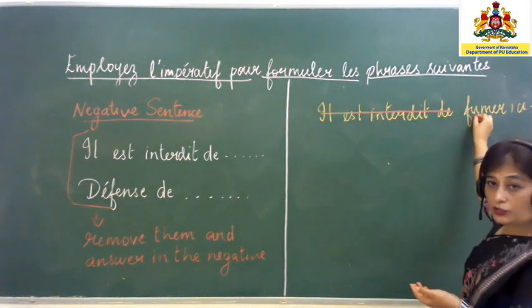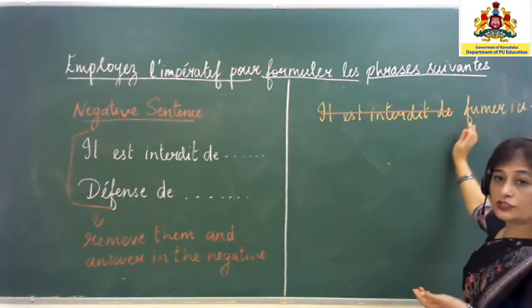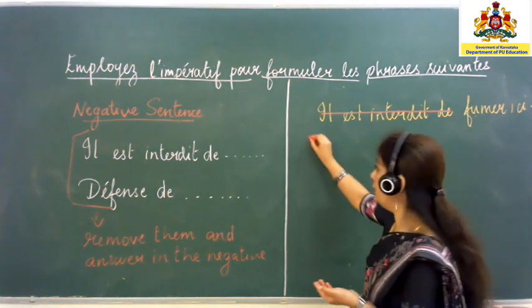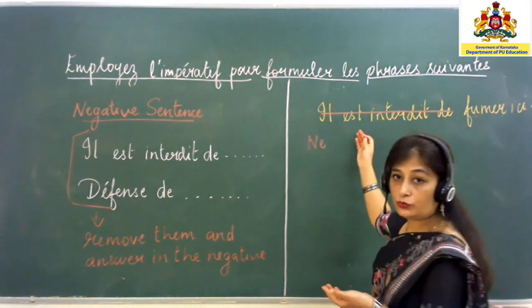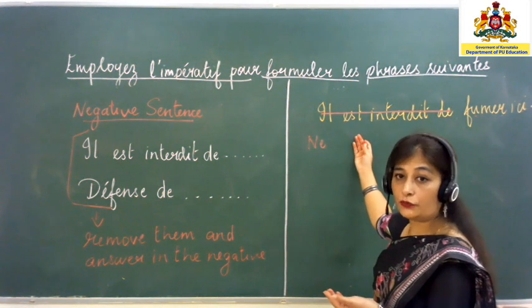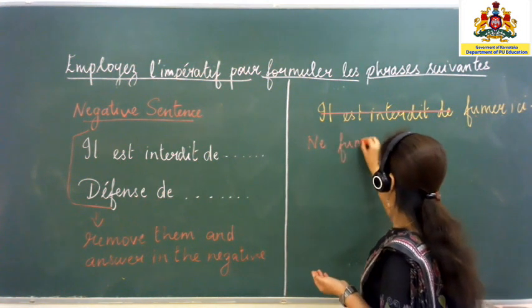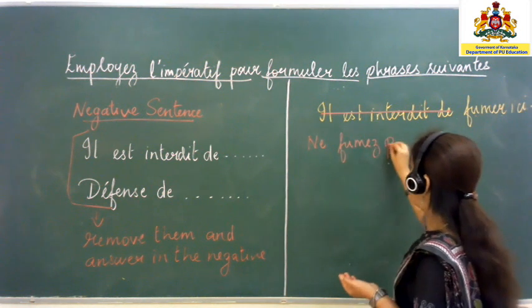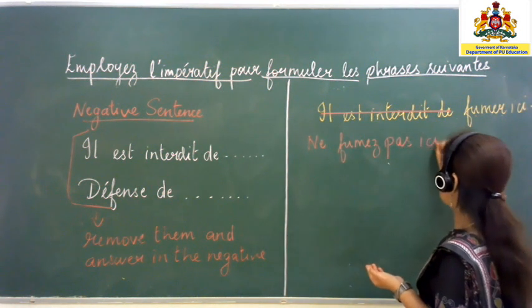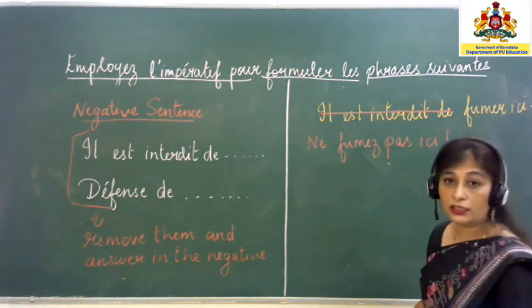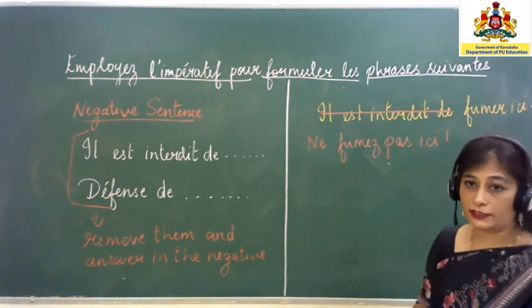So this is my unconjugated verb. I should change it to the negative form, which means ne. I don't have tu, nous or vous given, so I consider vous as my subject pronoun. So ne fumez pas ici. Again, exclamation mark is optional. Is that clear? Ne fumez pas ici.